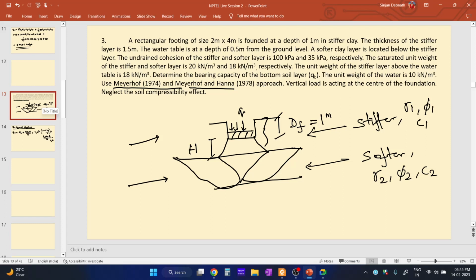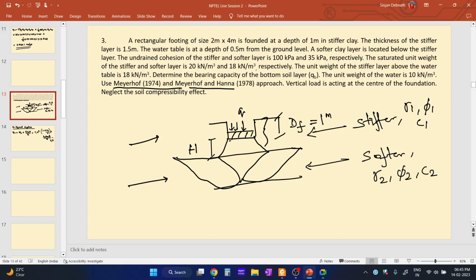Our foundation is founded on the stiffer layer at a depth of 1 meter. The depth of the top layer is such that the failure surfaces are moving from the stiffer soil to the softer soil.